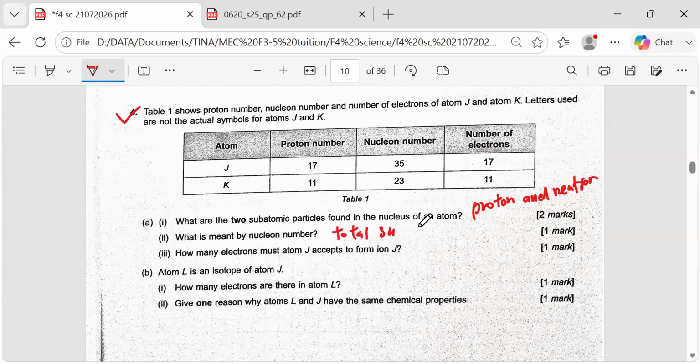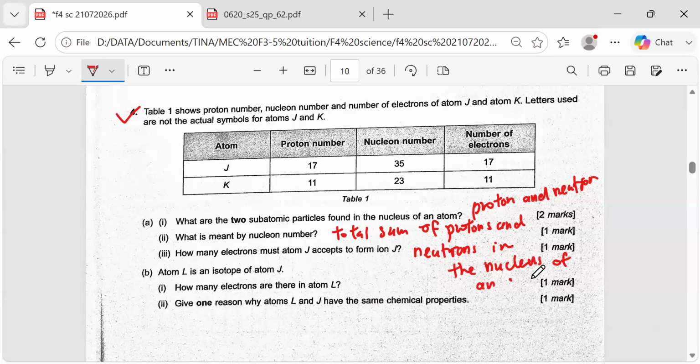Total sum of protons and neutrons in an atom, total number of protons and neutrons in the nucleus of an atom. How many electrons must J accept to form ion J? 1. Okay? Because J is 2, 8, 7. So it needs to accept only 1.